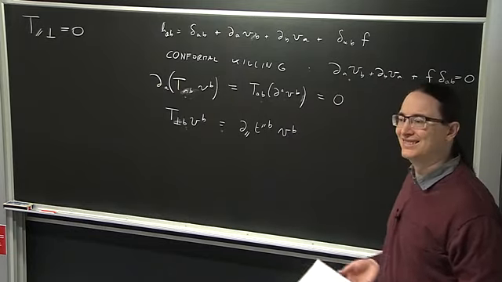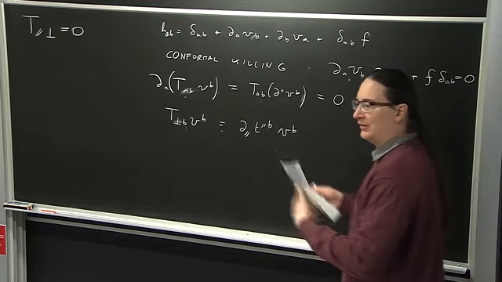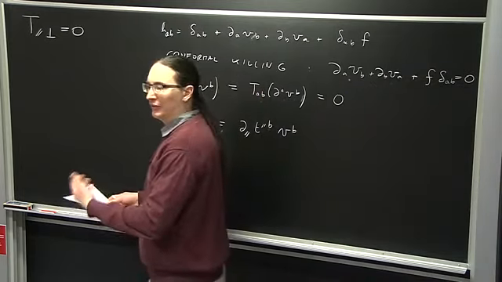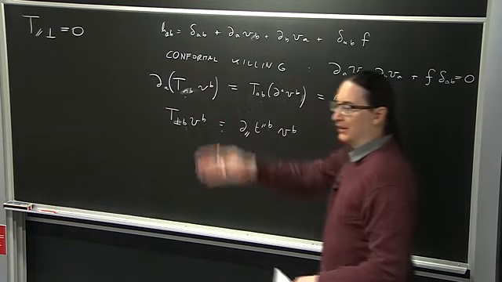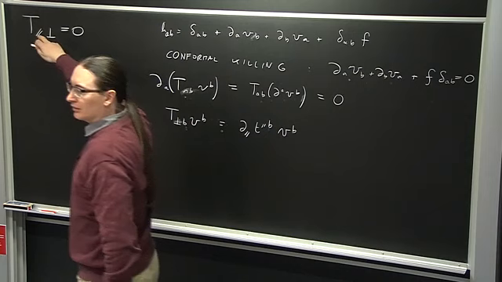But then it's not Weyl invariant. So if you want invariance under all Weyl transformations and all diffeomorphisms that leave the boundary where it is, then we need this condition to hold.